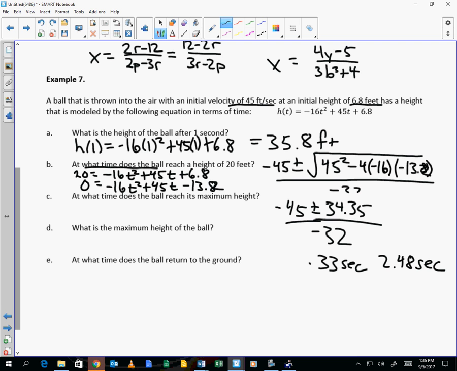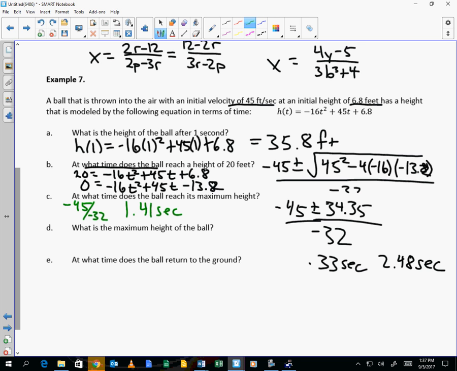Okay, negative 45 divided by negative 32. What do you get? 1.41? So at 1.41 seconds, it reaches its maximum height.